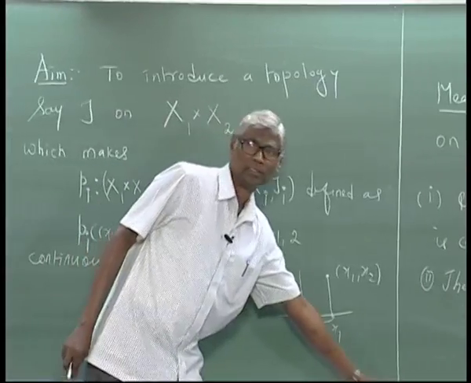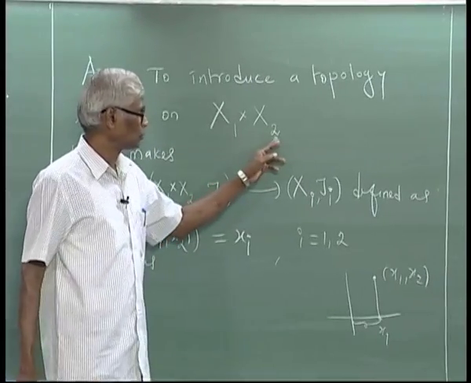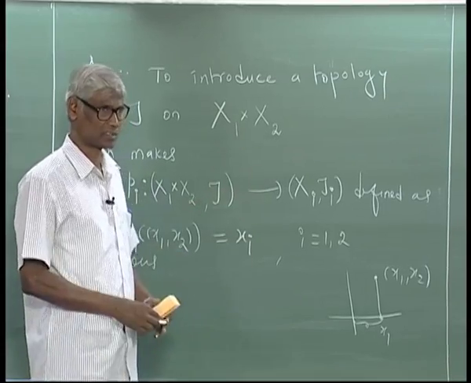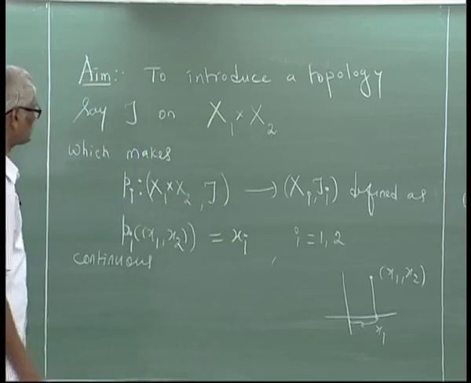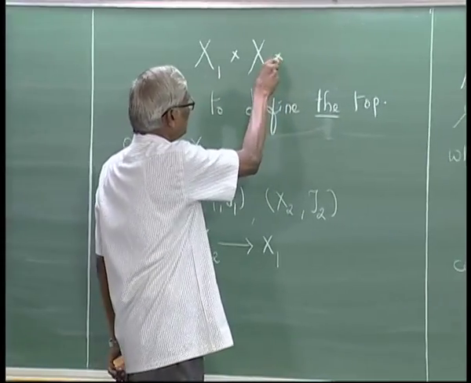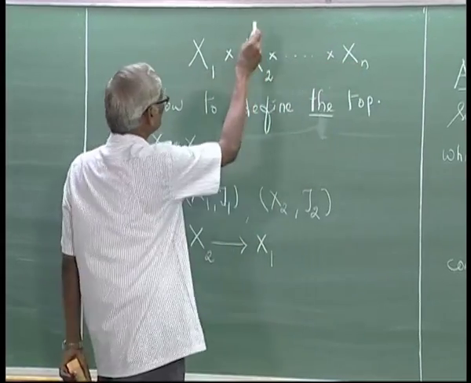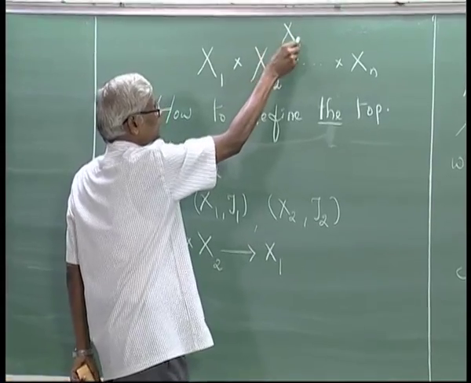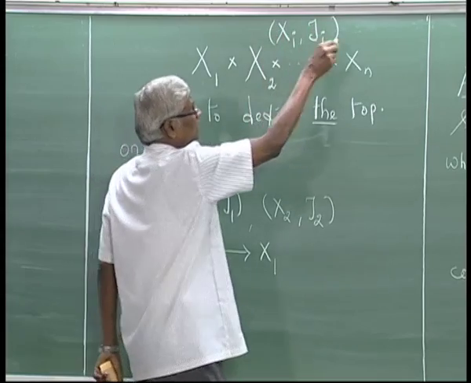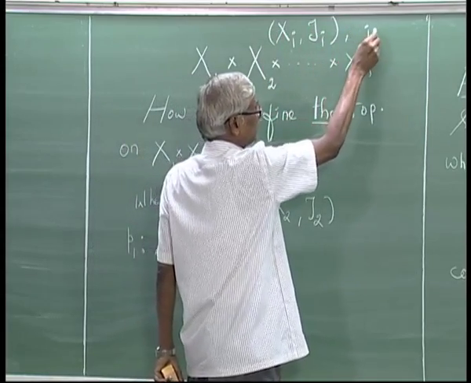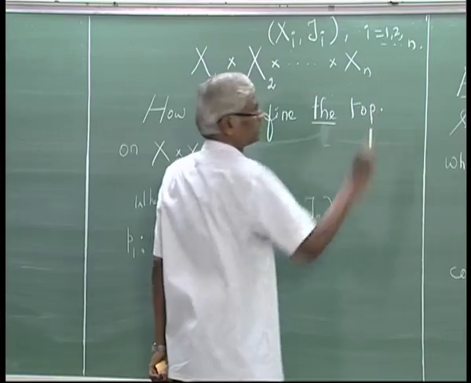In fact it is not only for two topologies; first we will see it for a finite collection, X1 cross ... cross Xn. We have a collection of topological spaces (Xi, tau i). Let us assume the collection is finite, i varies from 1 to n.